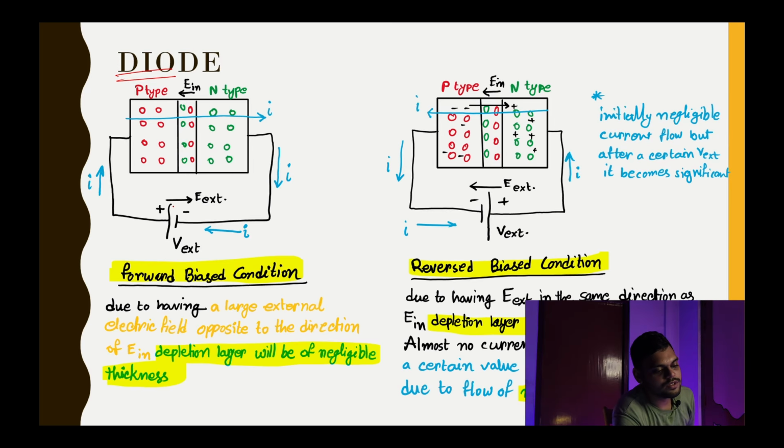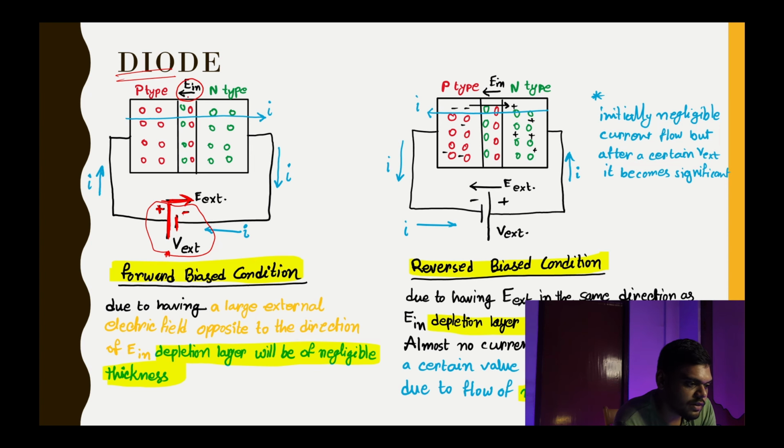Now we are considering external batteries. In this scenario, we have an external battery. The anode side is this and the cathode side is this, and due to this battery an external electric field will be there, which will be opposite to the internal electric field.